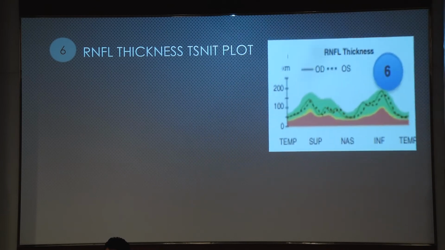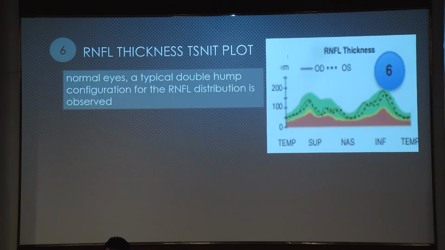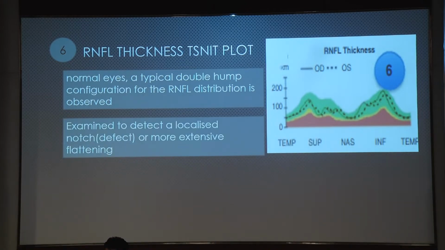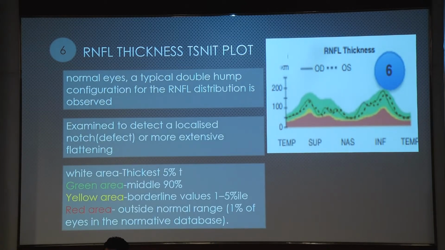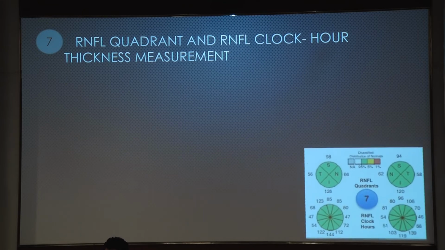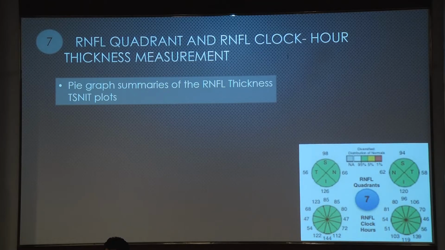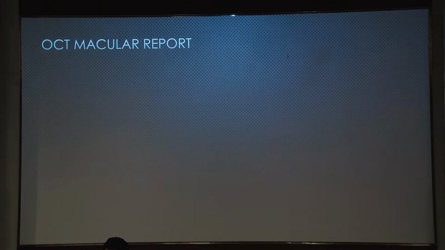The RNFL thickness TSNIT plot: in normal eyes, it has a double hump configuration, and there's a color coding in which white is the thickest, green areas are the middle values, and red is outside the normal range. The RNFL quadrants are pie graphs which summarize the RNFL thickness TSNIT plots.